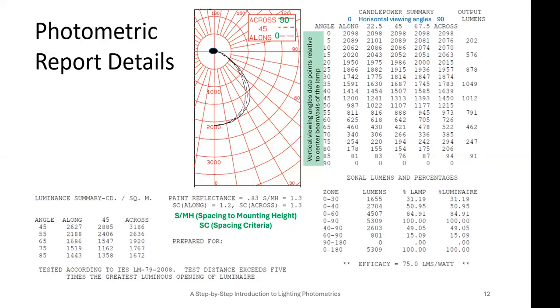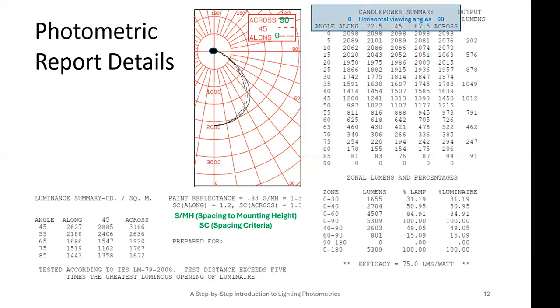That's the vertical side. But we've got another side here, and that's the horizontal side. What this means is, if you have your particular light, instead of going up and down, we're going to turn it sideways. So if we turn it to the right 22.5 degrees, and then we drop down a certain number of degrees, that is what that number means.